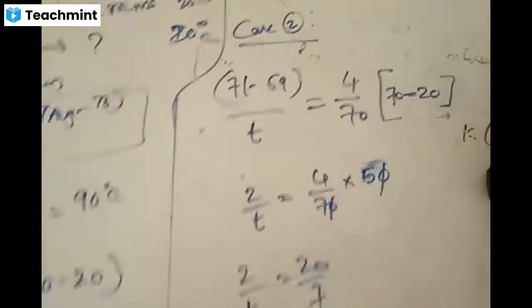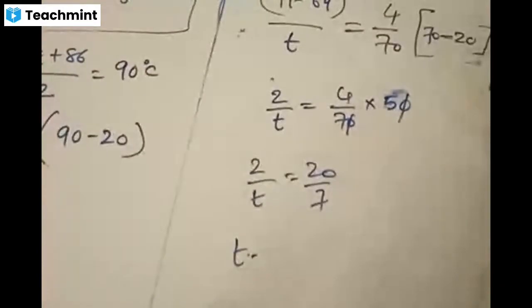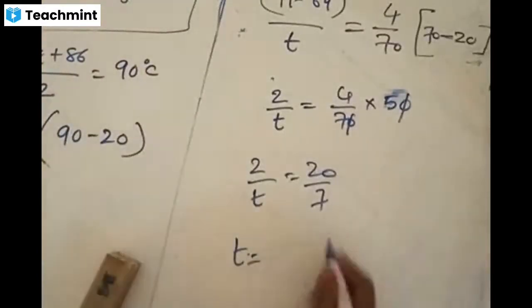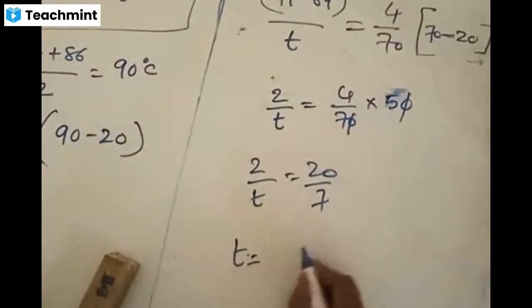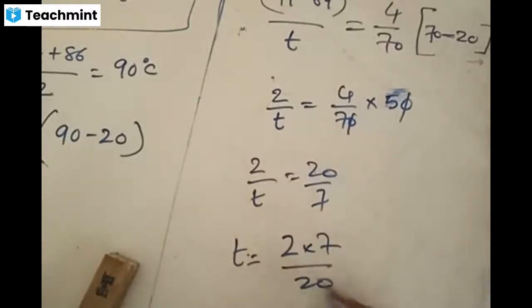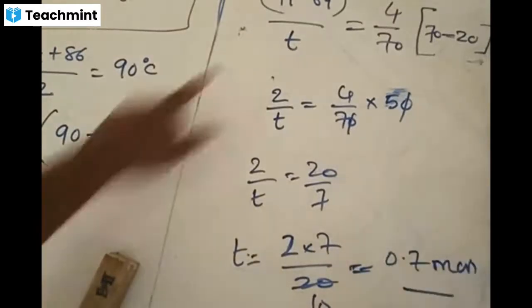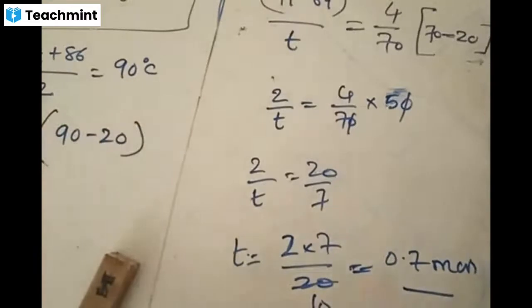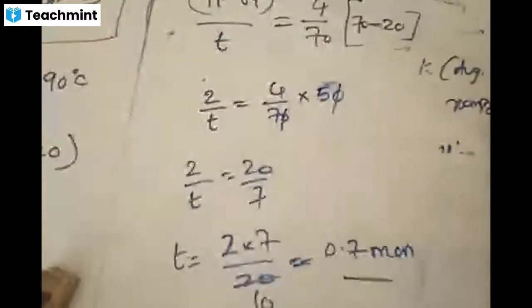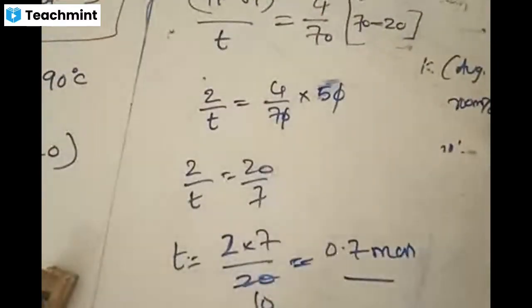Or T is equal to 2 into 7 by 20, which is equal to 0.7. Initial time is given in terms of minutes, so we'll get the answer also in terms of minutes. 0.7 minutes. How many seconds is it equal to? It is equal to 42 seconds.